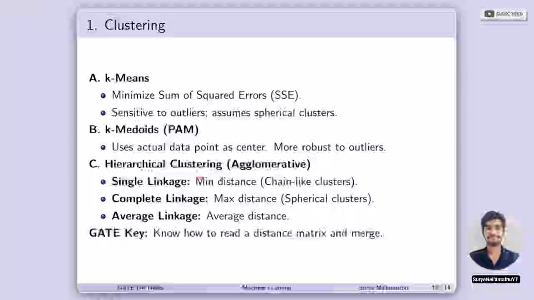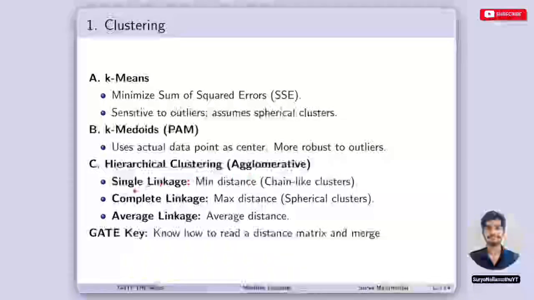The next one is hierarchical clustering. For hierarchical clustering, the agglomerative approach is followed. Single linkage forms chain-like clusters. Then complete linkage follows the maximum distance, and spherical clusters will form. Average linkage means the average distance will be followed.